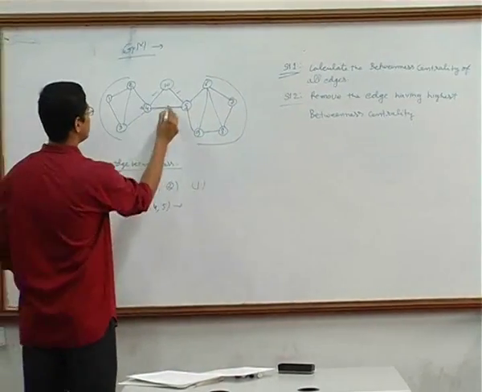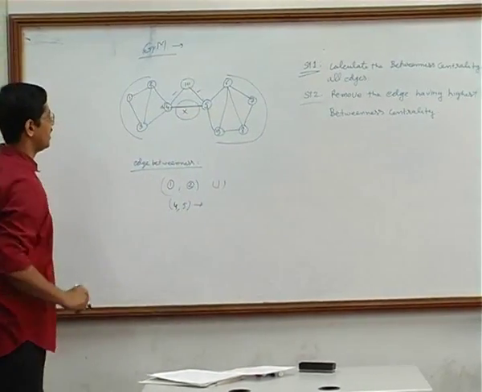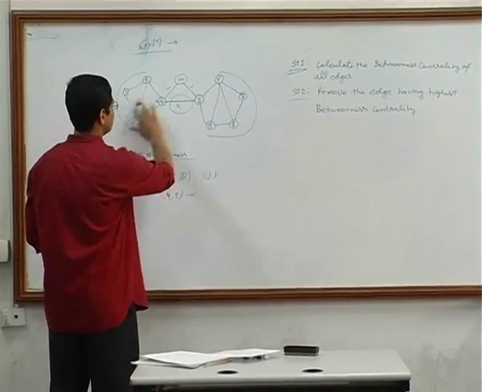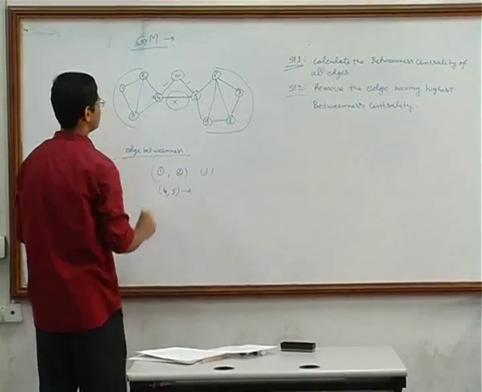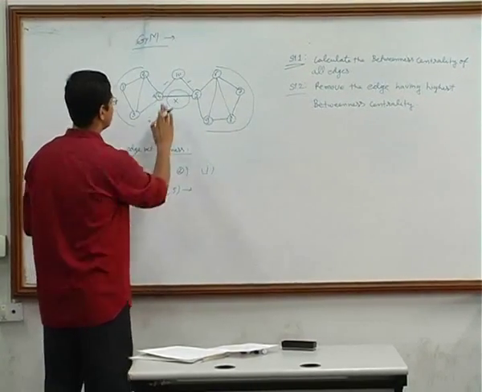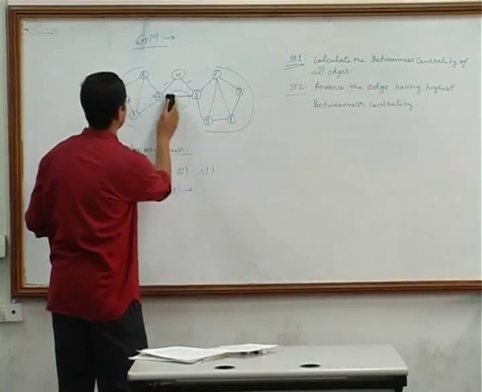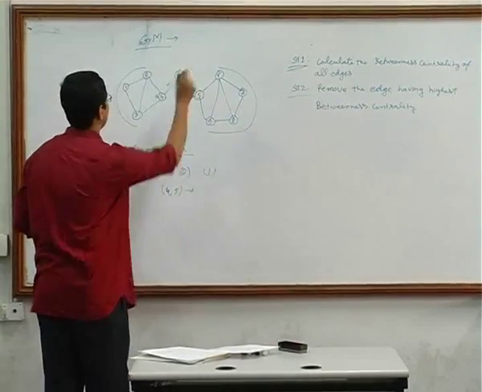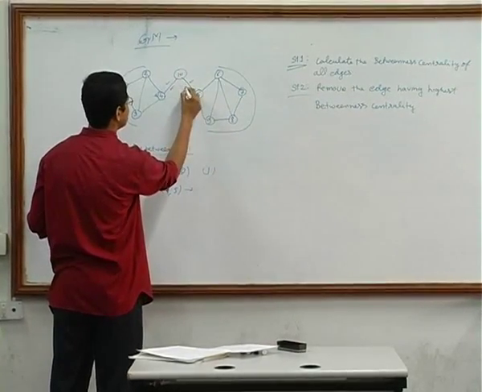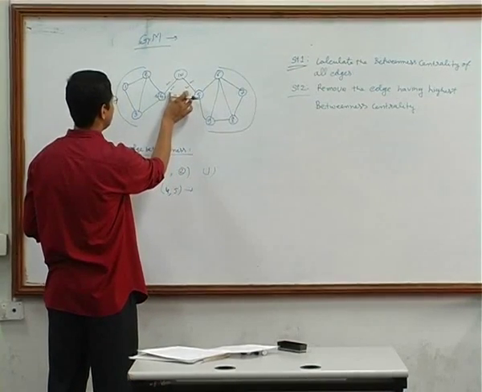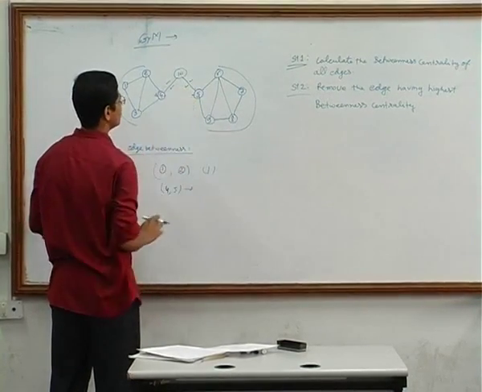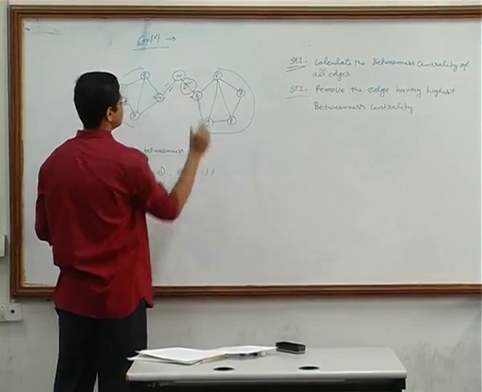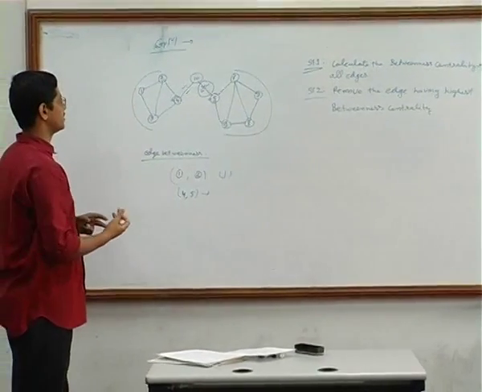So here we will remove this, and after that we will recalculate the edge betweenness for the entire edges. And suppose after removing this, I think this edge or this edge may show the highest betweenness score. Suppose this edge shows the highest betweenness score, then we will remove this, and again we will calculate the betweenness centrality.